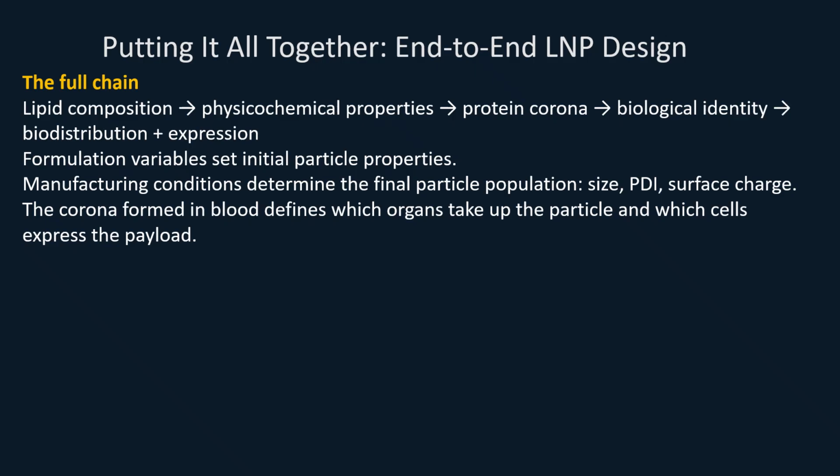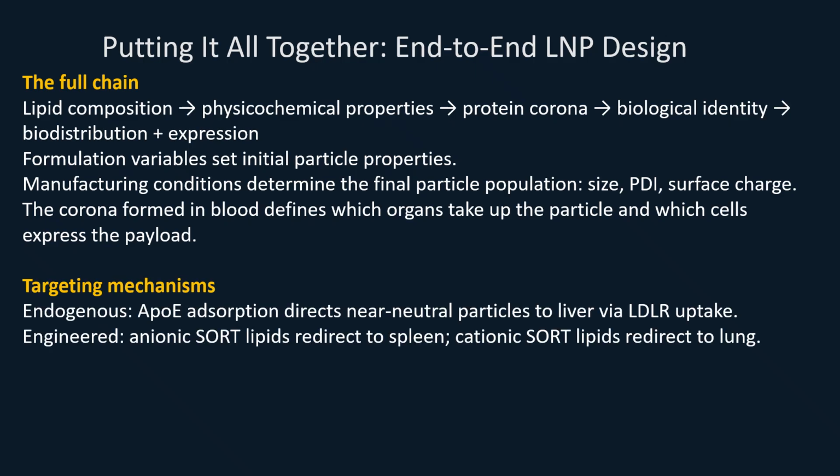And then targeting works through generally two routes: ApoE-mediated targeting to liver hepatocytes, and then charged lipids to shift surface charge. Anionic charge redirects to spleen, cationic charge redirects to lung. So basically, LNP design is a multi-objective optimization.